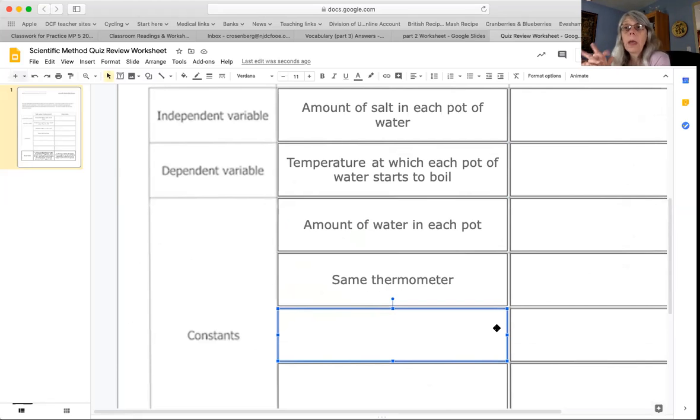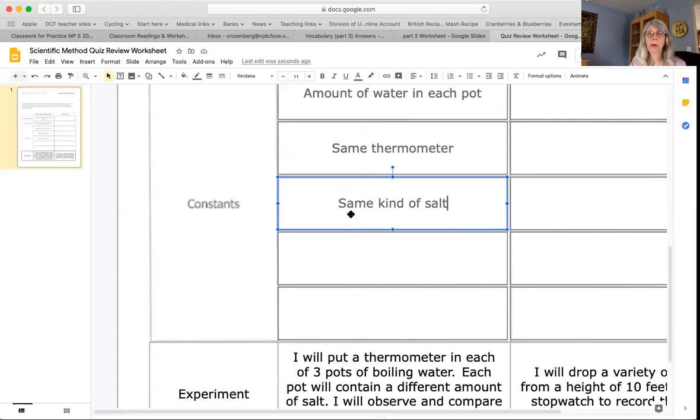So you have to use the same kind of salt in the 2 pots where you put salt. Has to be the same kind. Okay? Otherwise, things could change. All right, so there we go, 3 constants.